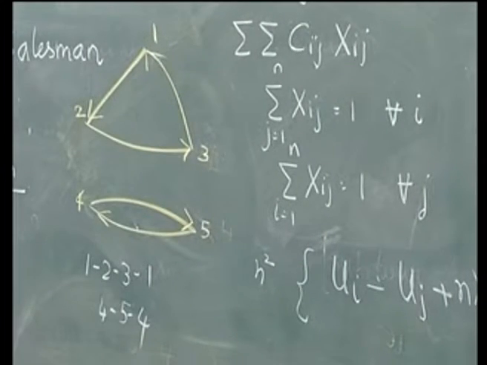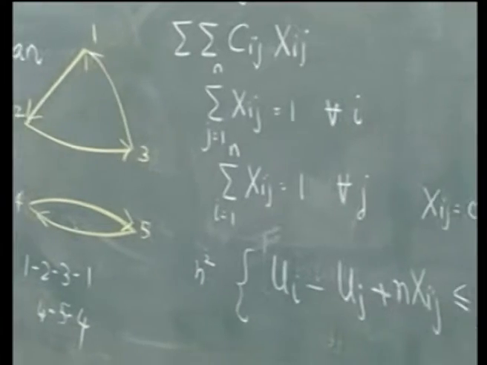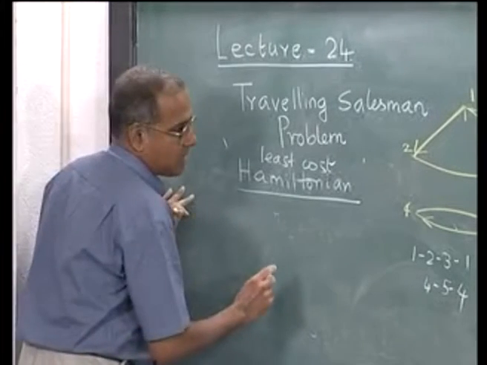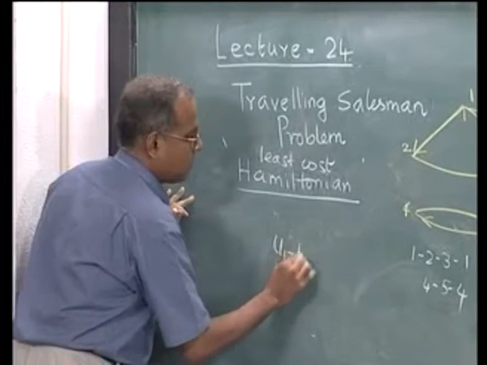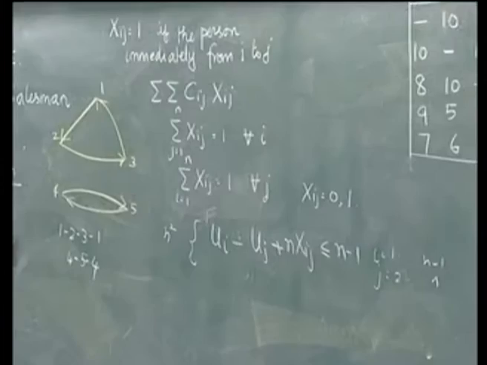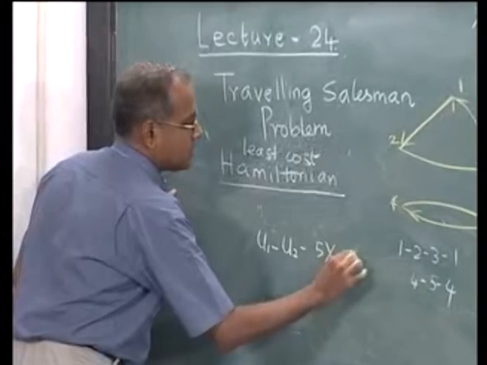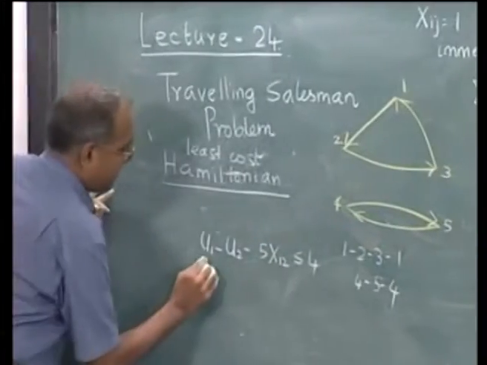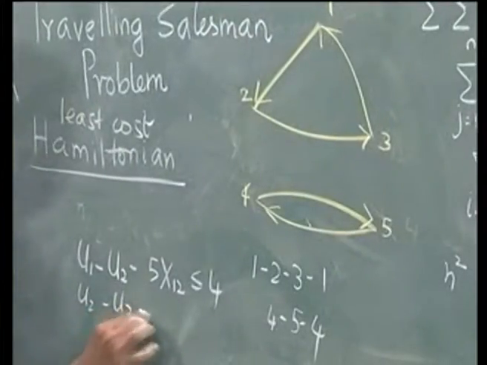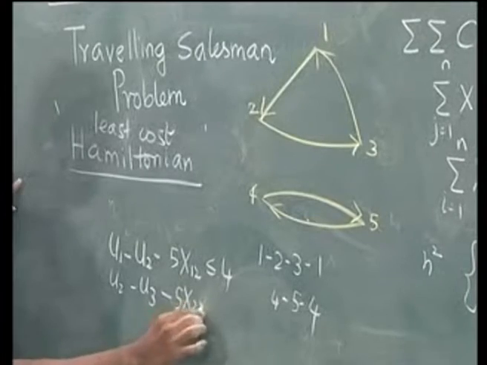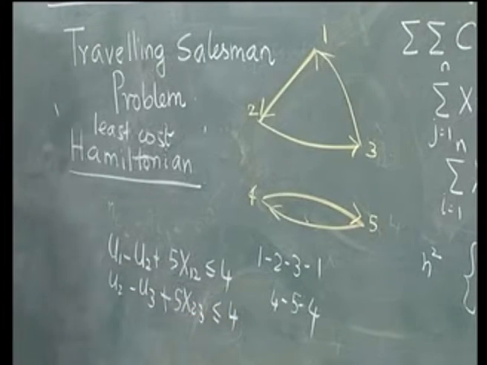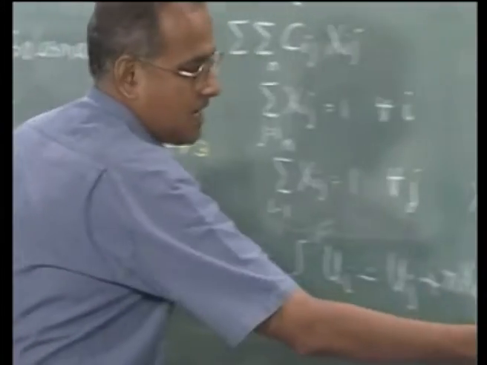Now, ui minus uj plus n xij is less than or equal to n minus 1. So, ordinarily we will have u1 minus u2 plus 5x12 is less than or equal to 4. For 2 to 3 I will have u2 minus u3 plus 5x23 is less than or equal to 4, and then this is not defined for j equal to 1.